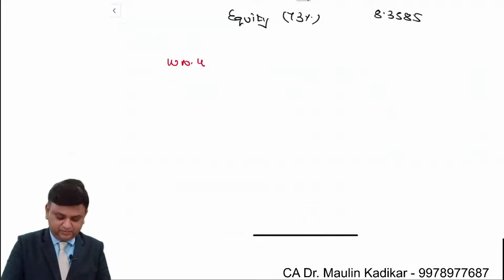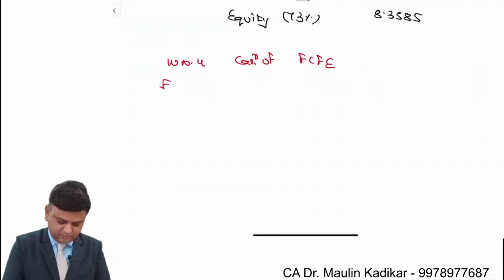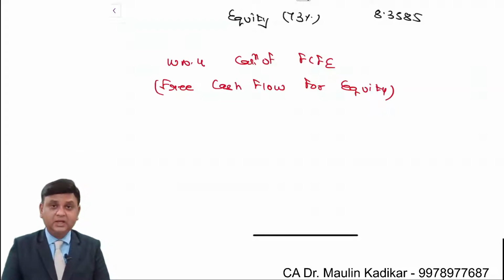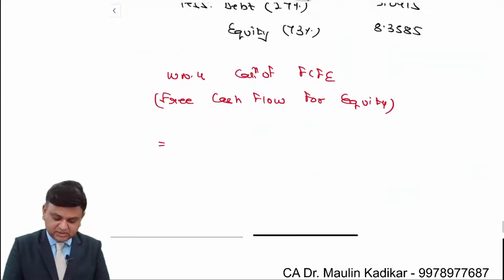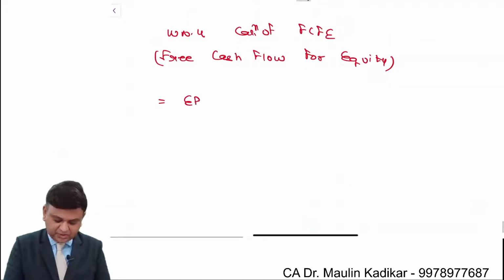Working note number 4: calculation of free cash flow for equity. It will be calculated like this. It is earning per share minus investment.